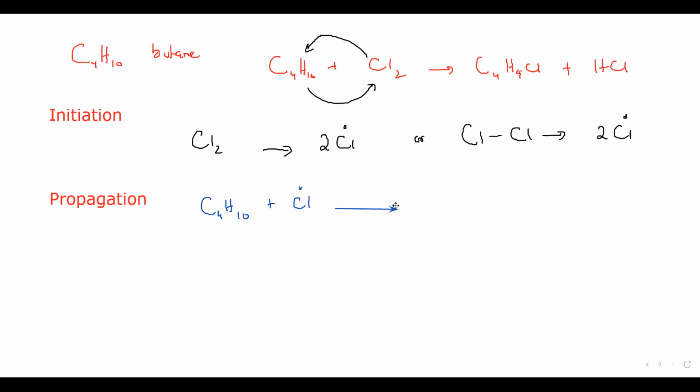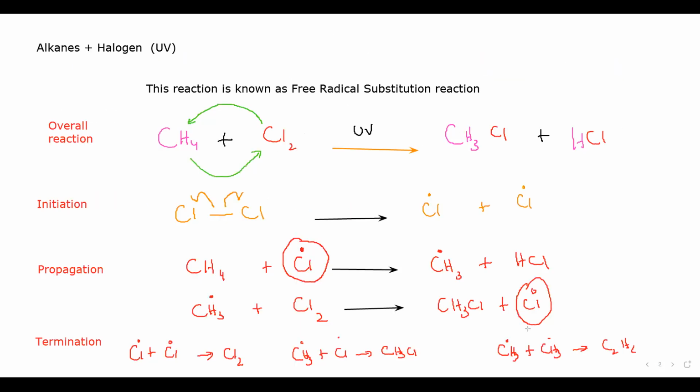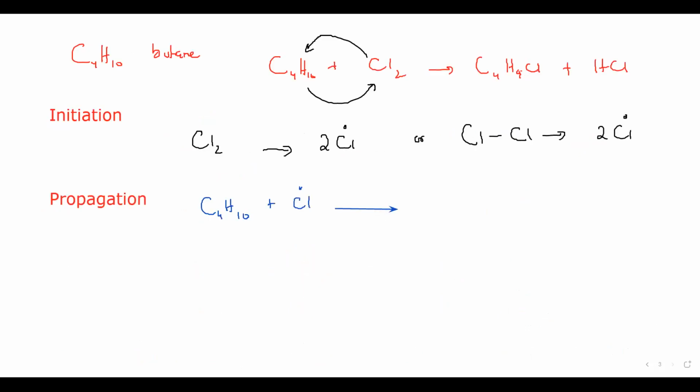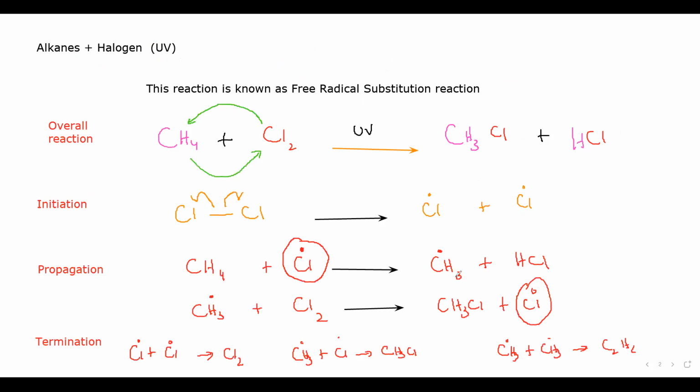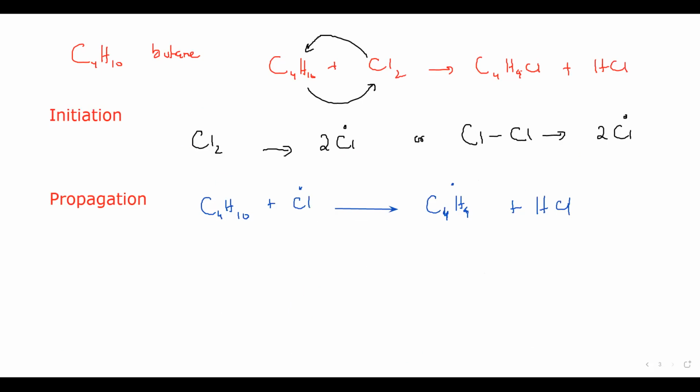When methane was there, it gave methyl radical. If butane is there, it will be butyl radical. So C4H9: one of the hydrogens is removed by homolytic bond breaking and combines with chlorine to form HCl. It's the same thing. One hydrogen is removed from the alkane, resulting in the formation of a radical.